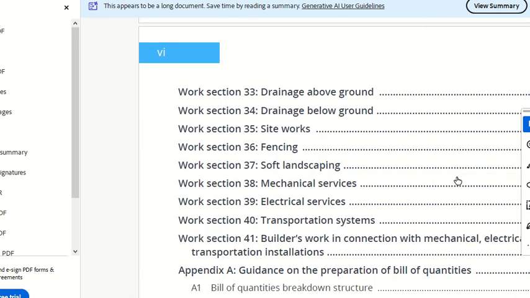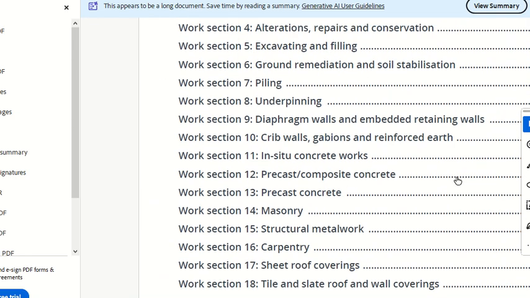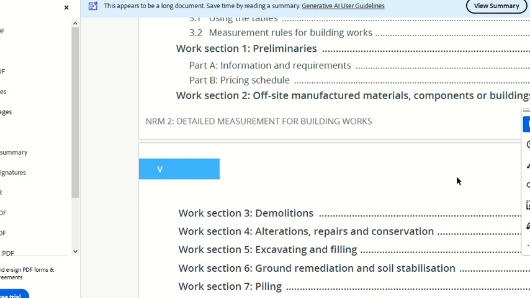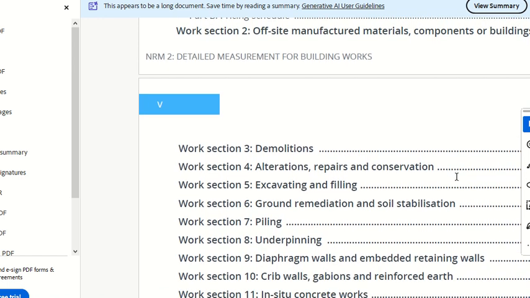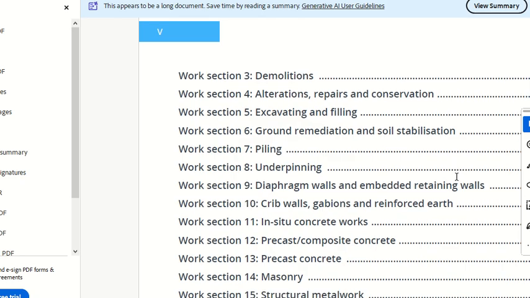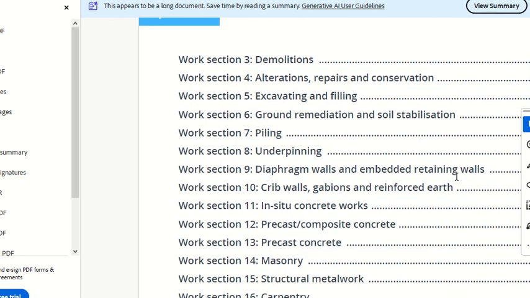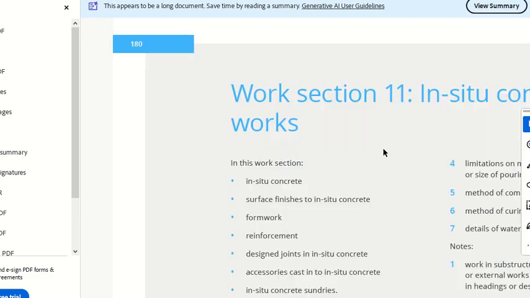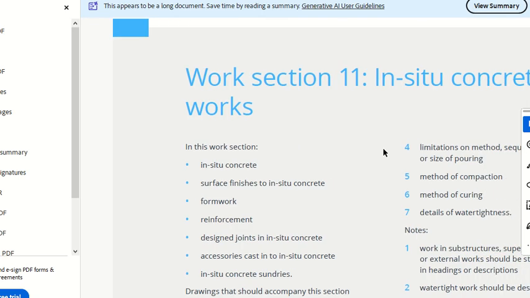Anyways. No, I saw it. I even saw how to write it. 11 was what I was looking at. So I go to 11. You have in situ concrete, reinforcement.